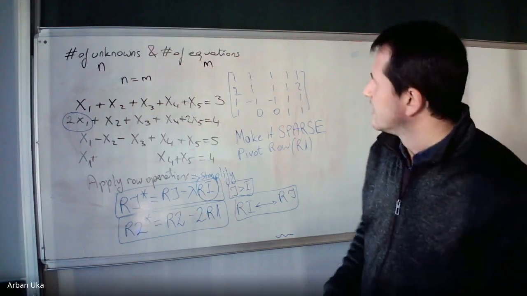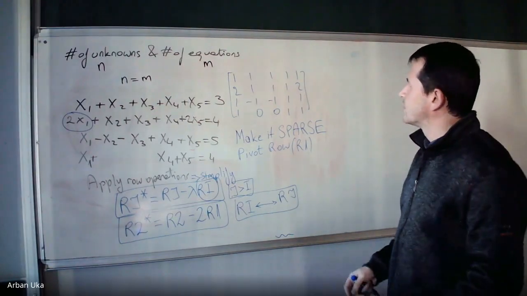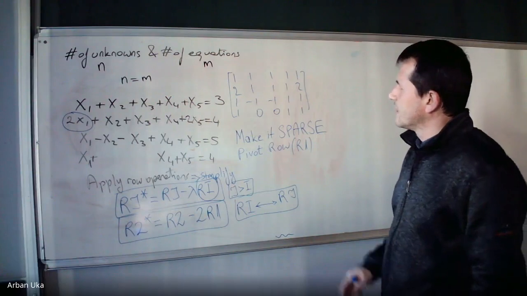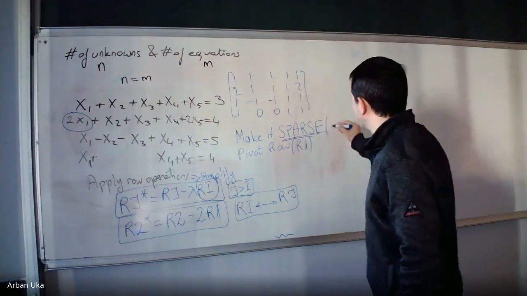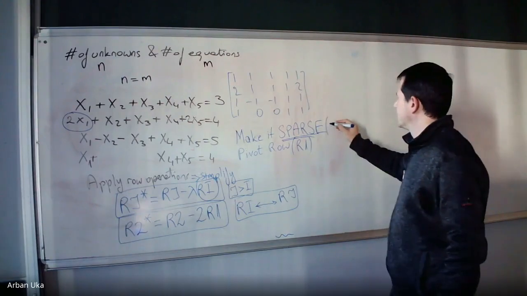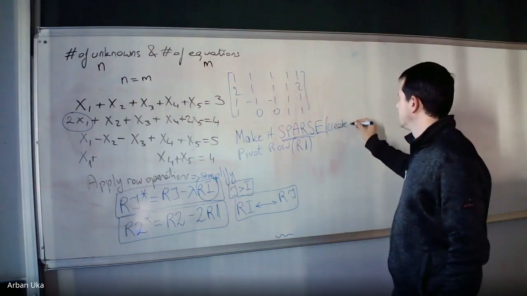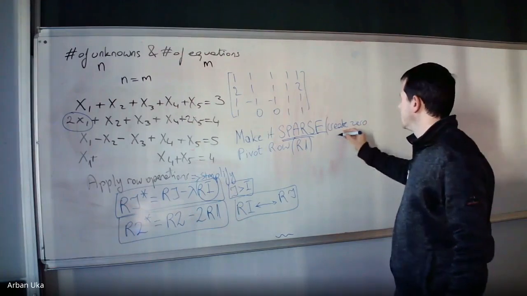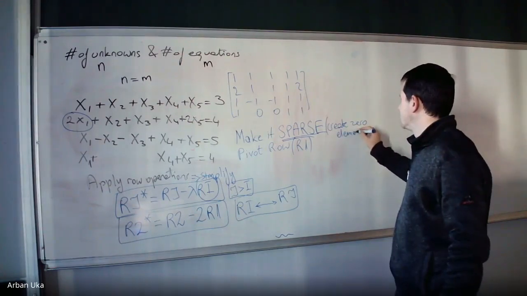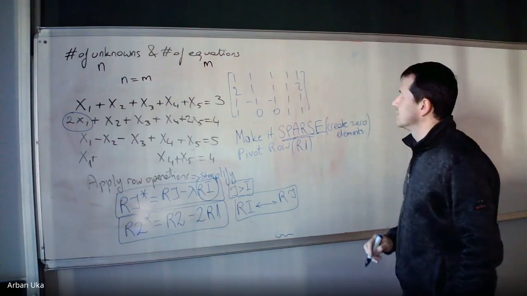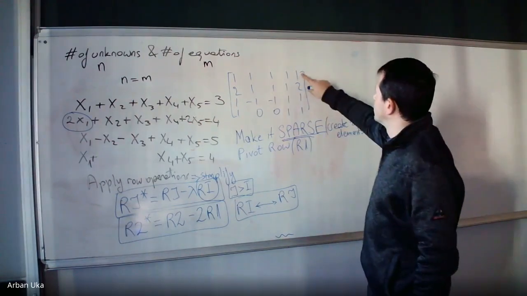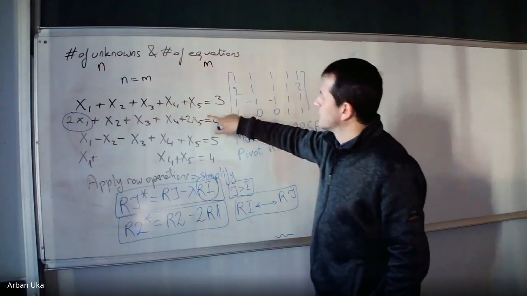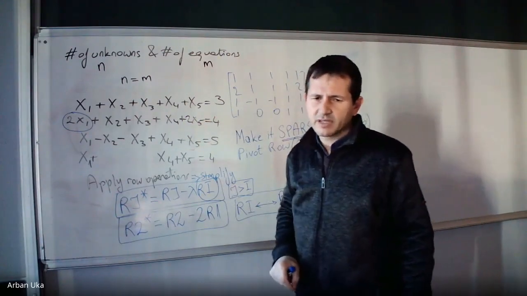When we try to make it sparse, and by the way, sparse means having a lot of zeros, creating 0 elements, what we have to do is merge the coefficient matrix with the answer vector.